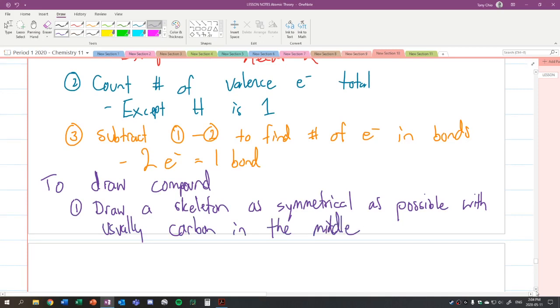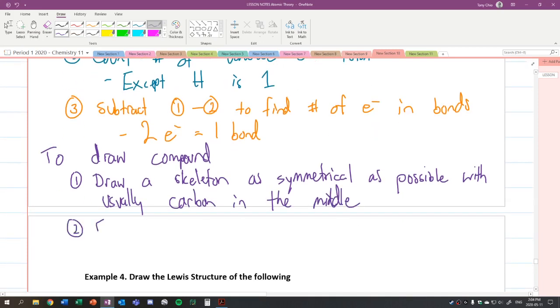Okay, that's step 1. Step 2, fill the most electronegative element with valence electrons first.